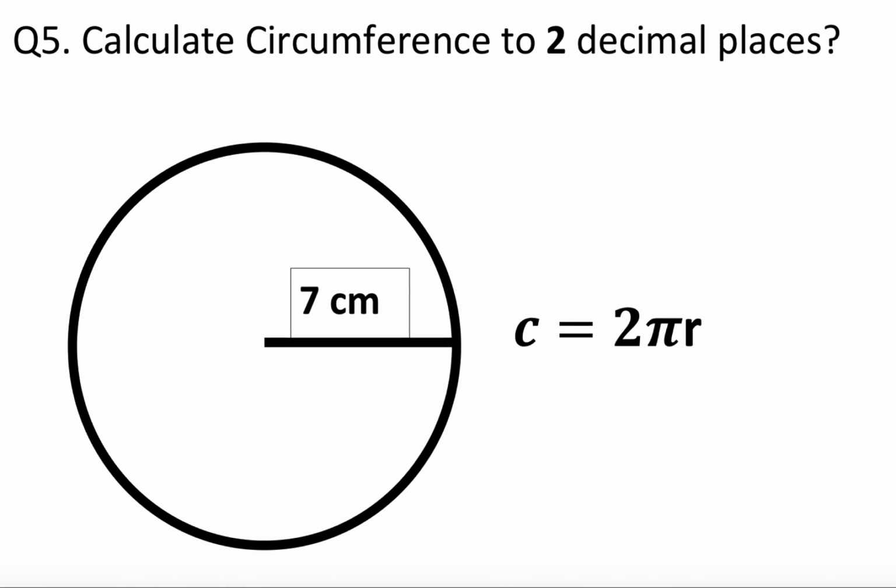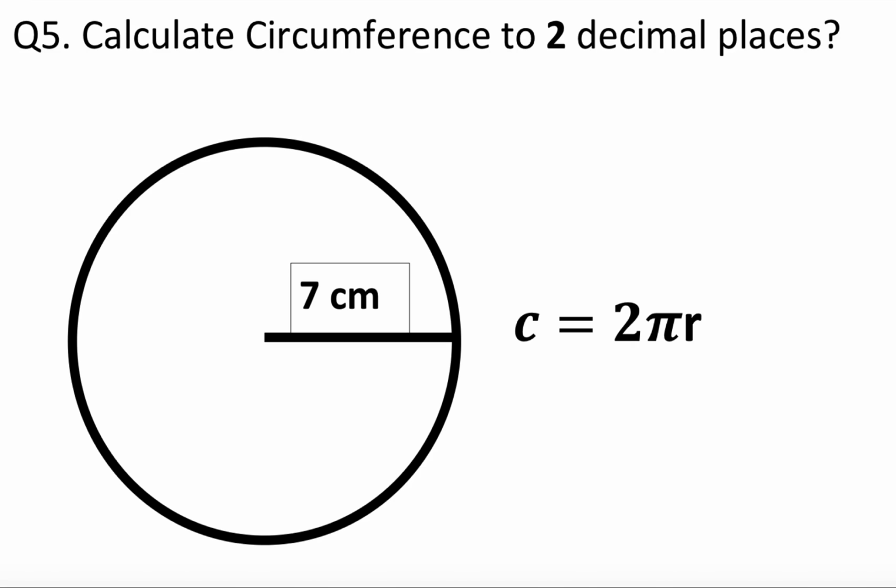Question 5. Calculate the circumference to 2 decimal places. Well, given a circle here, the circumference is basically the outer edge of the circle, and anything with a circle is going to involve pi, which we always use in the calculations.